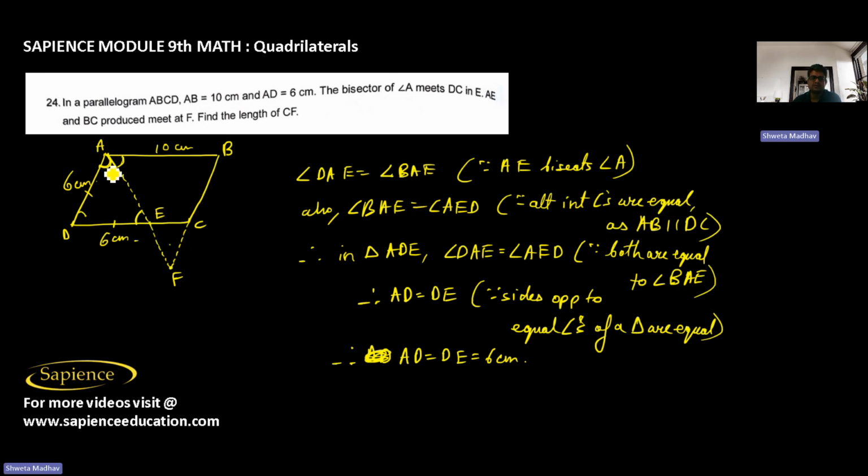And now also we can see that this angle equals this angle since they are vertically opposite angles, and this angle equals this angle since they are alternate interior angles. And also we can see that angle CEF is equal to angle CFE in triangle CEF.